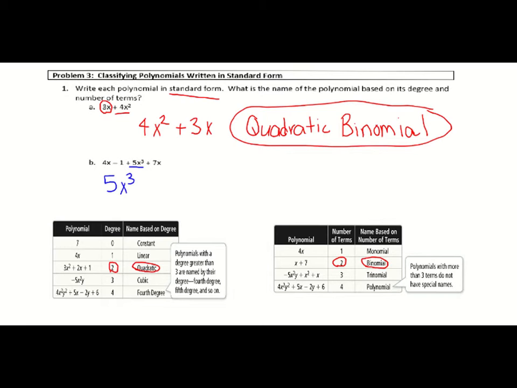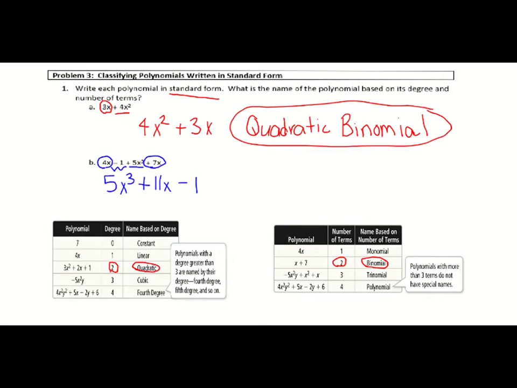So I go in descending order. I have 4x, negative 1, and 7x left. So 7x and 4x would come next. And I'm actually going to go ahead and combine those because they are like terms. They both just have an x. 4 and 7 would make this 11x. And then lastly would come that constant, which would be minus 1.